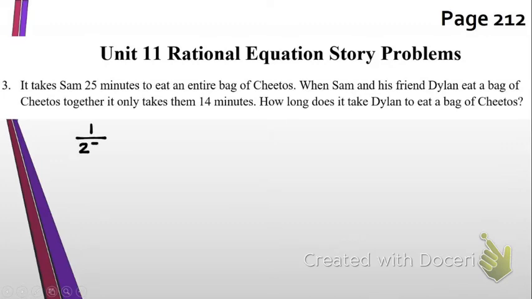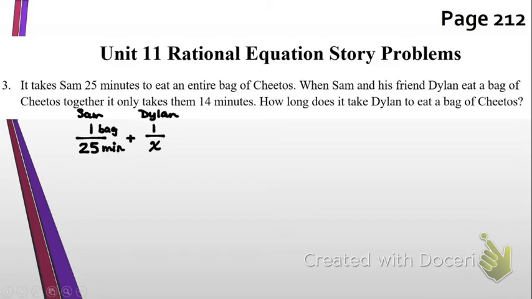1 over 25. What does 1 over 25 represent? This is Sam. This is 1 bag of Cheetos in 25 minutes. And then you said I'm going to add that to what? 1 over x. Why 1 over x? Yeah, this is Dylan.